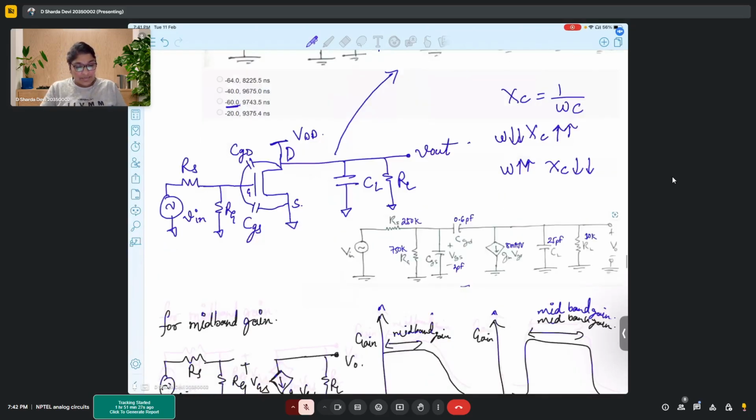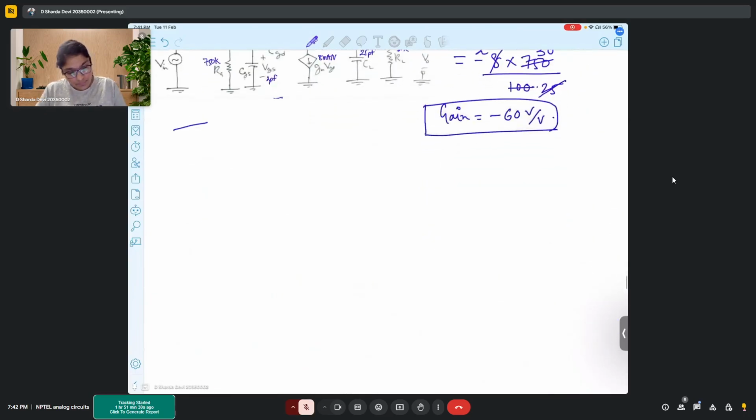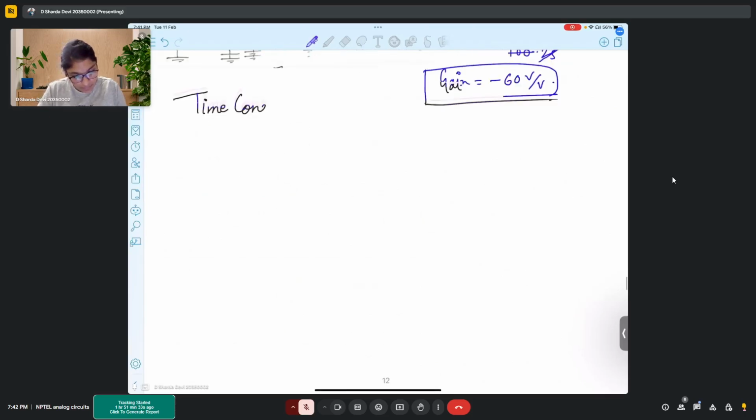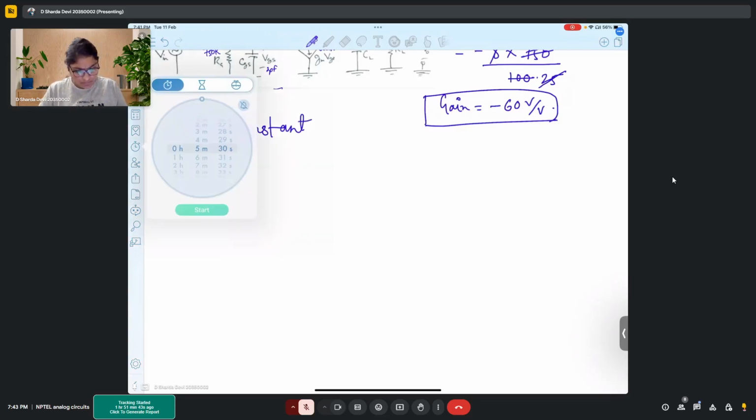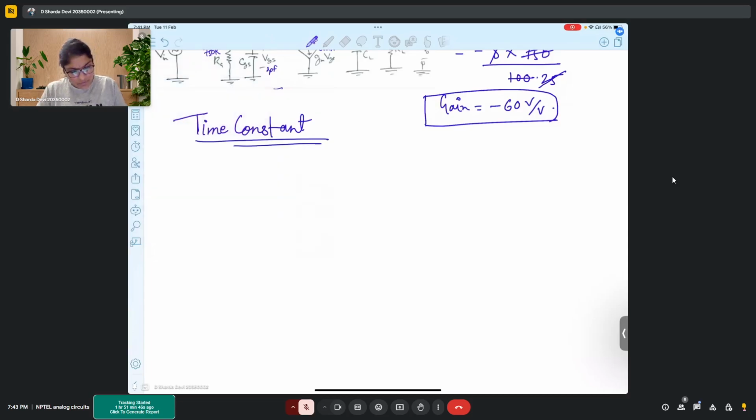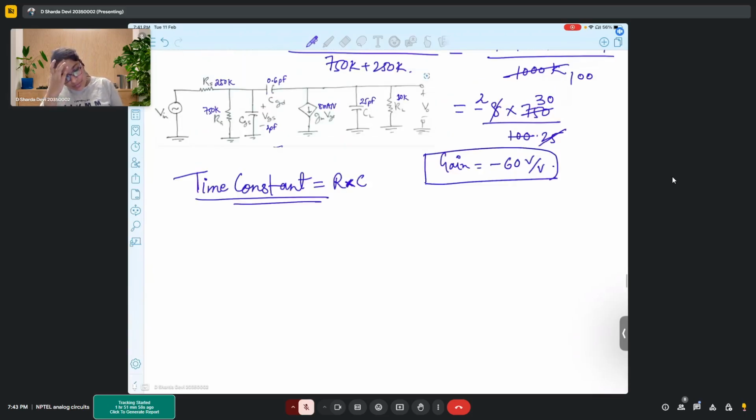So when we talk about the time constant of the circuit, it is given by R into C. Time constant is given by R into C. So what we can do is the overall time constant can be denoted as the sum of individual time constants.